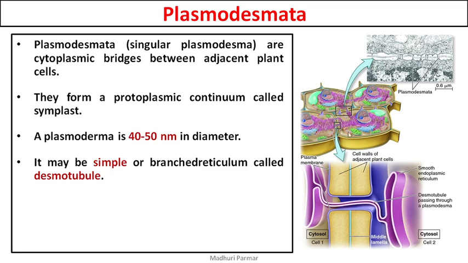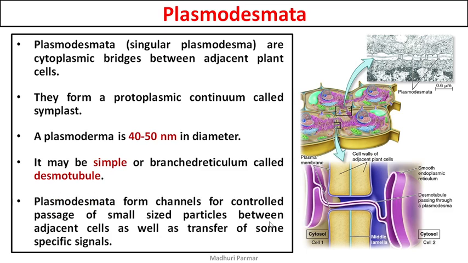Smooth endoplasmic reticulum of adjacent cells are connected, and they are connected by this small tube-like structure which is called desmotubule. Desmotubule is a connection of smooth endoplasmic reticulum of one cell with another cell. Clear? It could be this single tube or there could be multiple tubes. So that is what is meant by branched endoplasmic reticulum. Or it could be just a simple one like this.